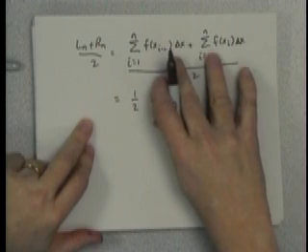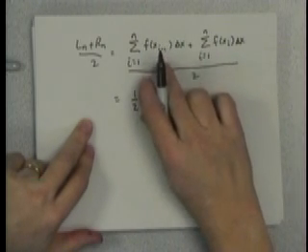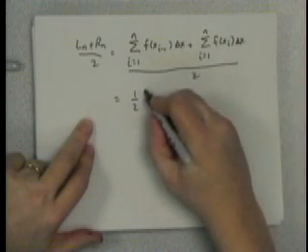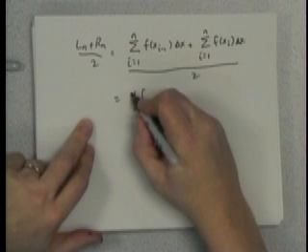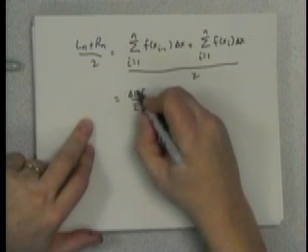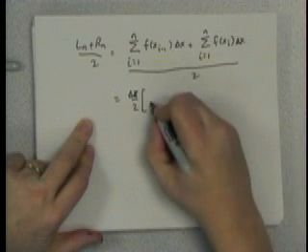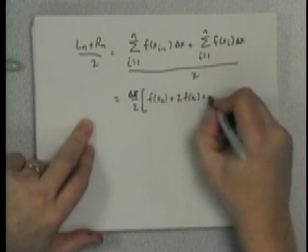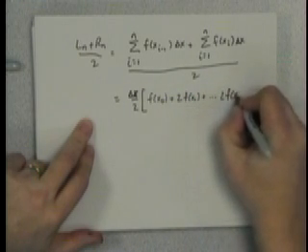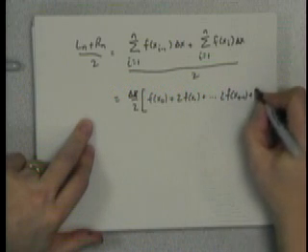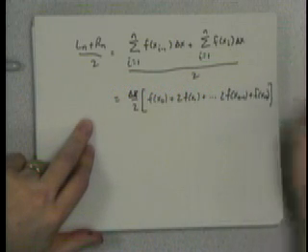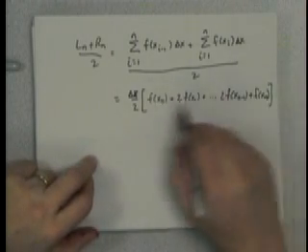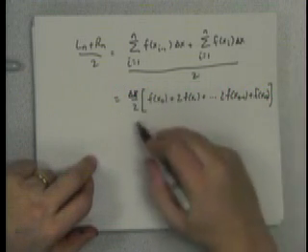Then the rest of them are going to have the same values, except at the very end, this is going to stop at n minus 1, and that one's going to stop at n. So we sometimes rewrite this as delta x over 2 times f of x0 plus 2f of x1 plus 2f of x(n minus 1) plus f of xn. So all the middle terms have a 2 in them. The left endpoints only have 1, and it's delta x over 2.